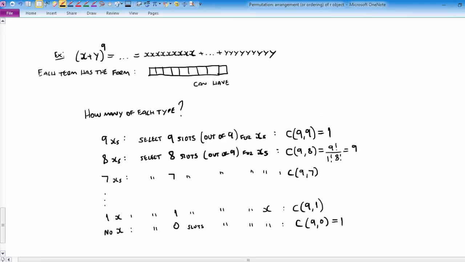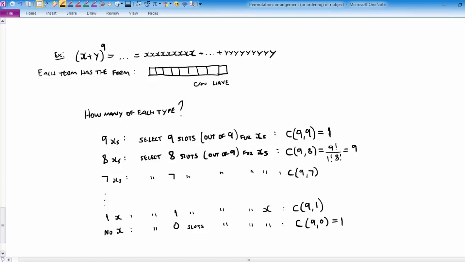When we do this expansion of (x plus y) raised to the 9th power, we will have a lot of terms. Each term will be a term of 9th degree. Each term will have 9 blanks, and those blanks can either have x or y's. Some of them will have 9 x's.